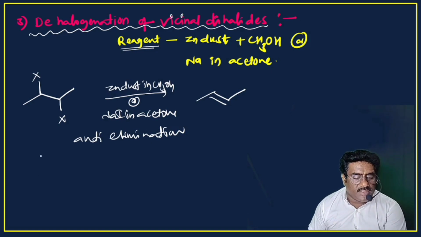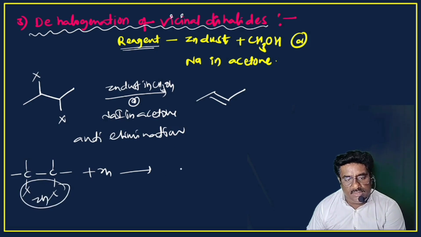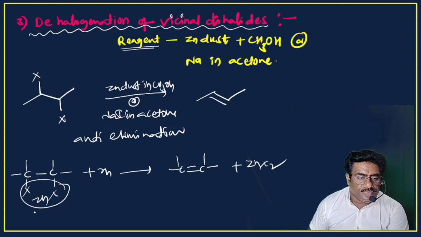Have a look at the next example. Carbon, carbon with a halogen, halogen, and in presence of zinc dust, forming an alkene system: carbon double bonded with carbon, plus ZnX2.